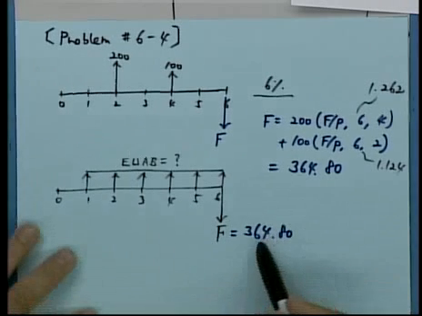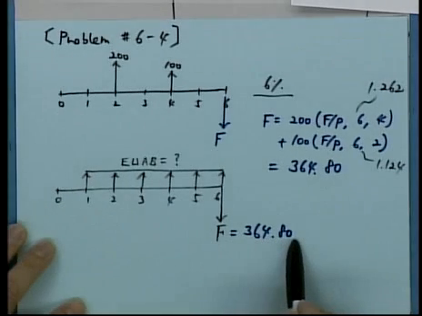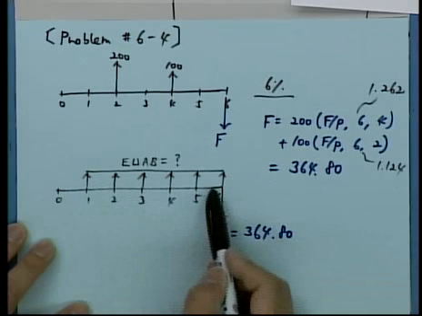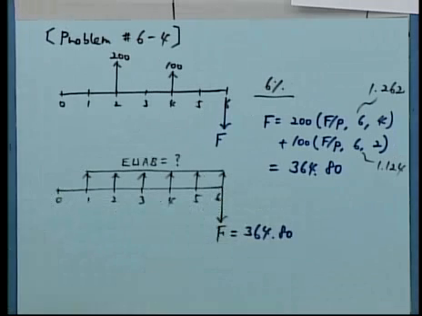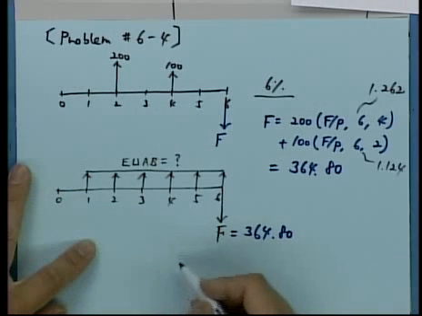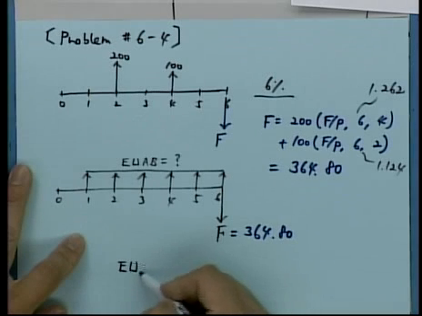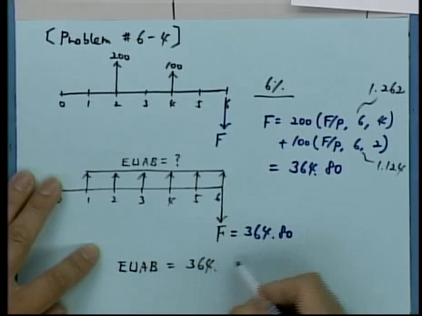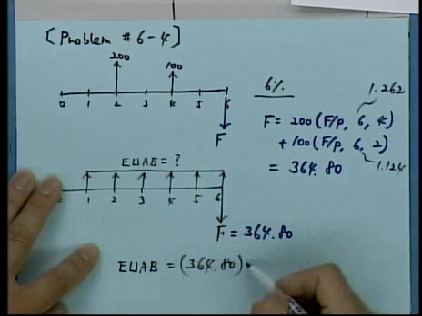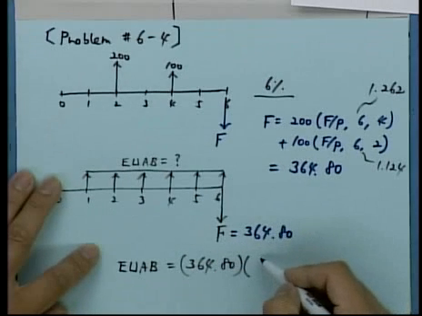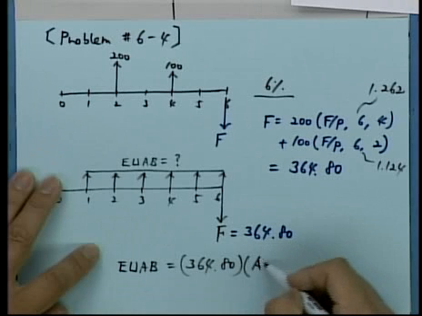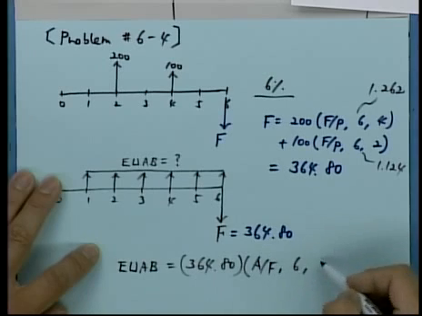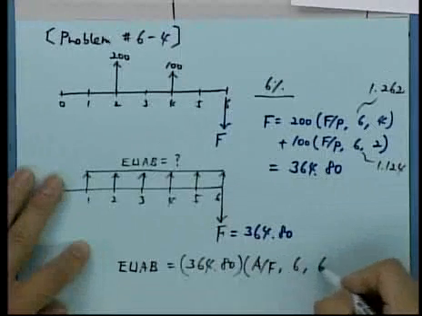So we're going to convert this future sum to the equivalent uniform annual benefits over 6 periods. Here EUAB is equal to $364.80 times A given F, 6% over 6 periods.